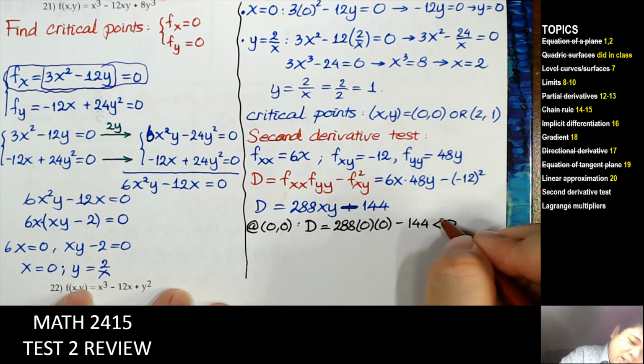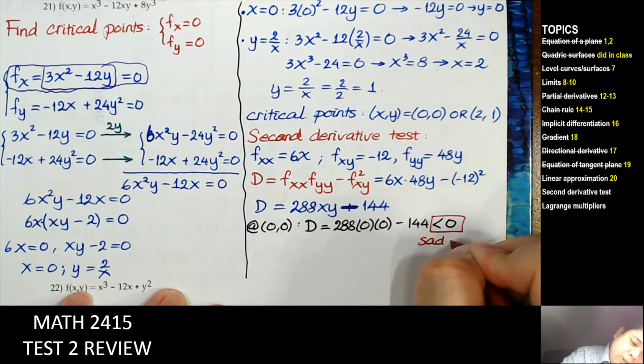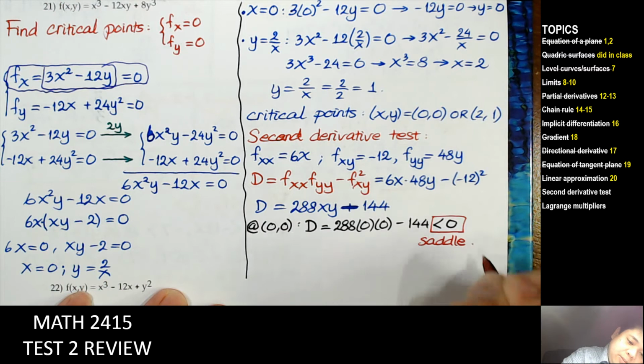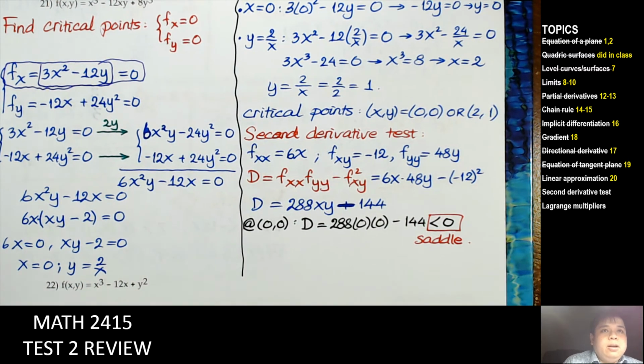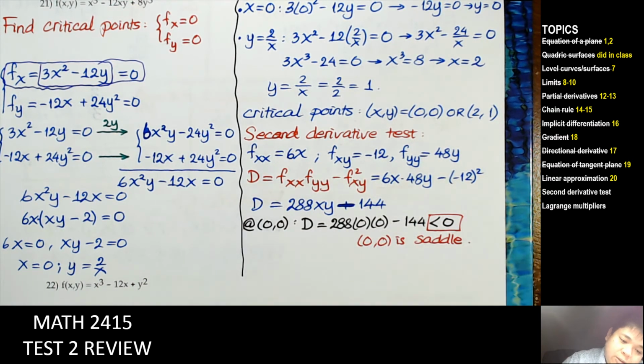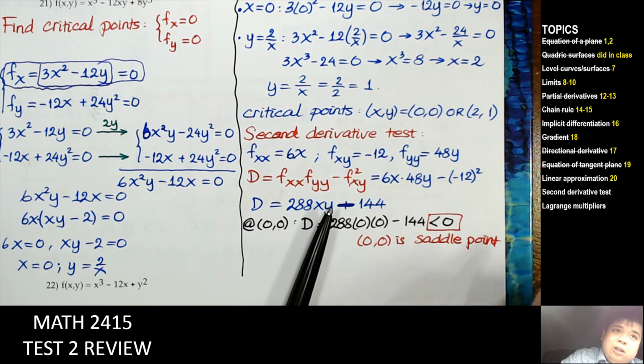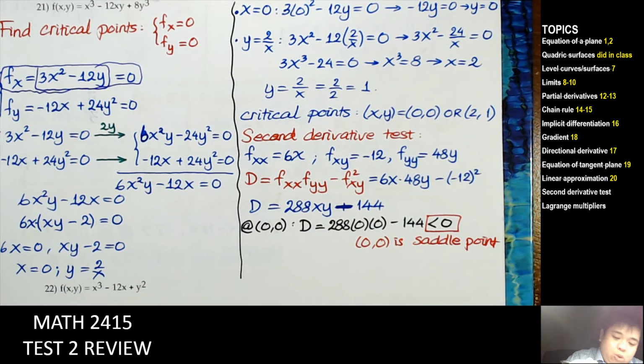If it is less than 0, it is a saddle point. So (0, 0) is a saddle point, if the discriminant is negative.